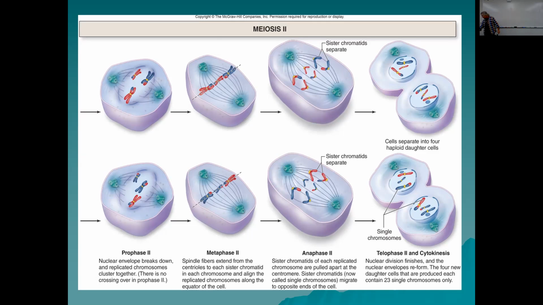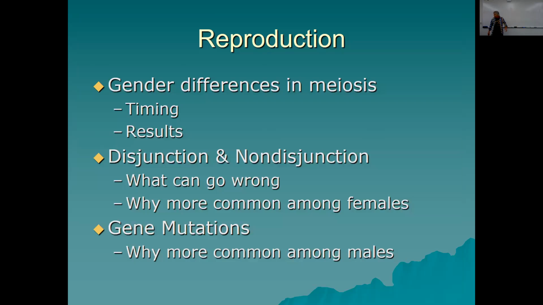Okay, gender differences in meiosis. Timing is one of them. When does meiosis start in males? Puberty. When does meiosis start in females? When they're fetuses. They start prophase 1 and they get arrested in prophase 1.